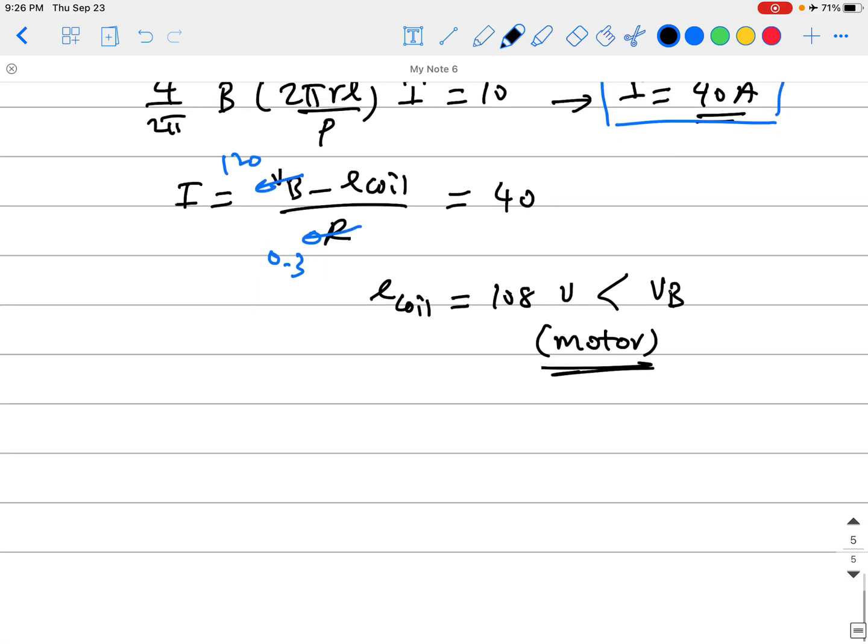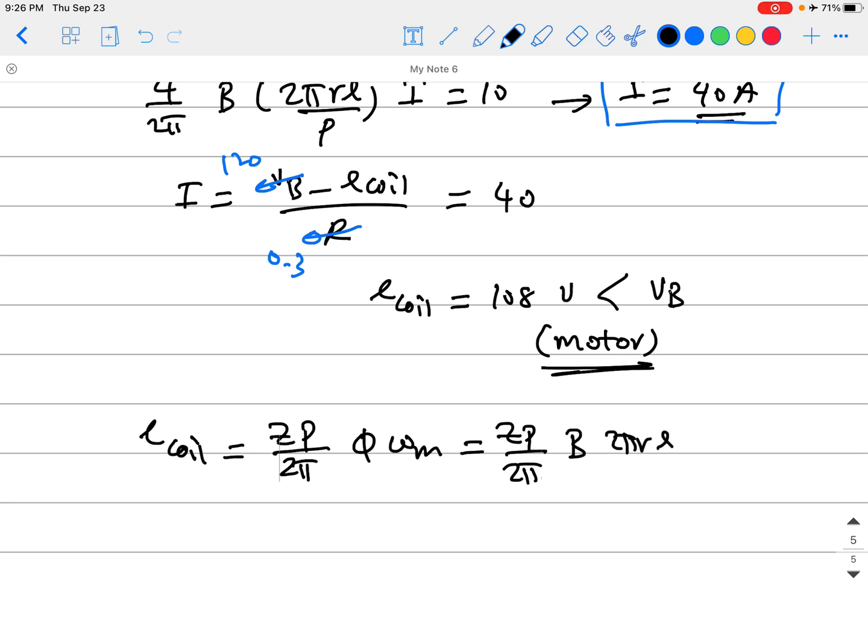Okay, guys? And this value of E will equal Zp over 2 pi phi omega_m. Again, you know how to calculate everything here. It is Zp over 2 pi B multiplied by 2 pi RL over P, which is the flux, so everything is just repeated here, times omega_m.